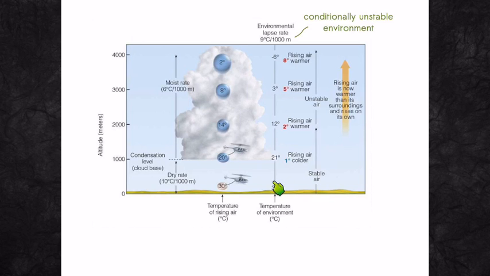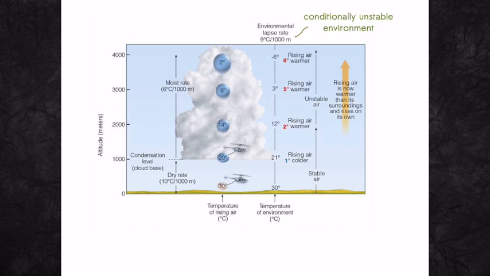And you can see that it was 30 degrees down here at the ground, 21, 12, 3, and -6. So the temperature was decreasing as you go upwards. And it's decreasing by, at least initially, looks like all the way through, 9 degrees per kilometer. And a temperature decrease of 9 degrees per kilometer is actually conditionally unstable.